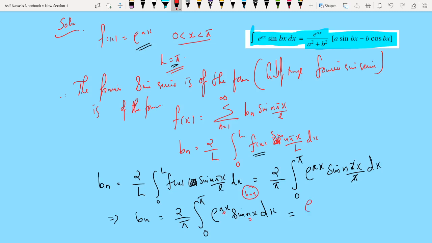So this is e raised to ax divided by a square plus n square, times a sin nx minus n cos nx, with 2 by pi outside, and the limits of integration are 0 to pi.